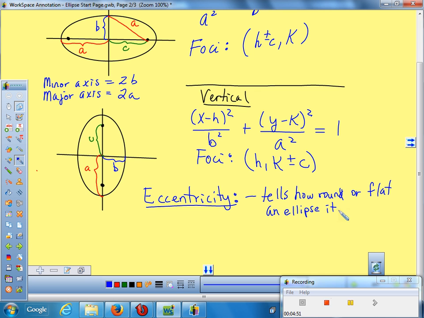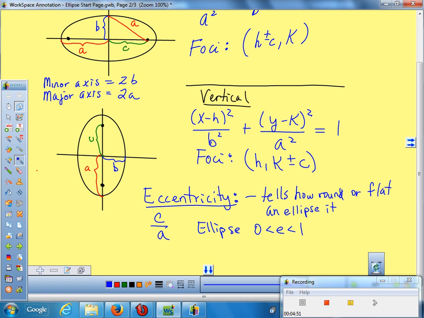To calculate eccentricity, the formula for eccentricity is C over A. That's it, C over A. On an ellipse, it'll always be a number between 0 and 1 when you calculate it. I'm going to call it E for eccentricity. I think it's easy to remember.